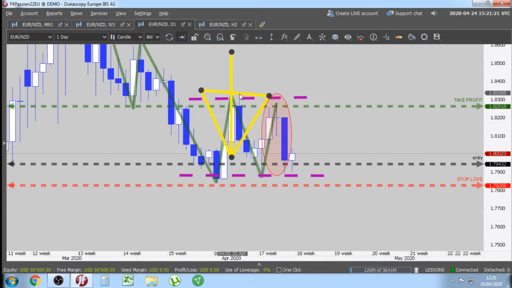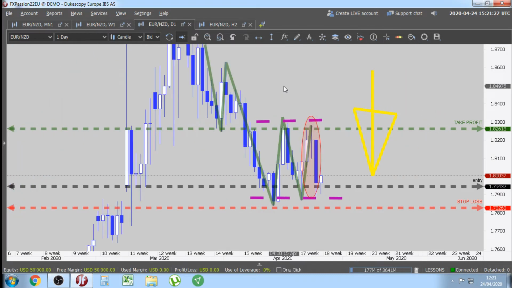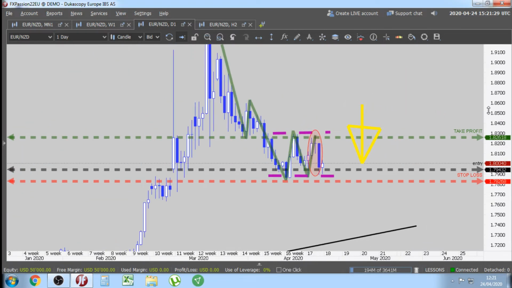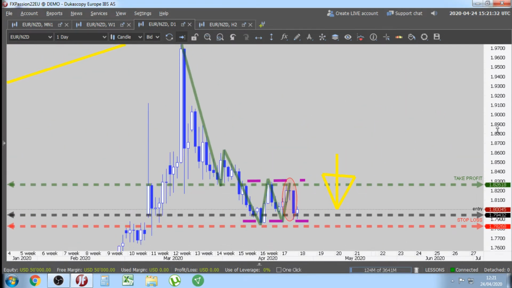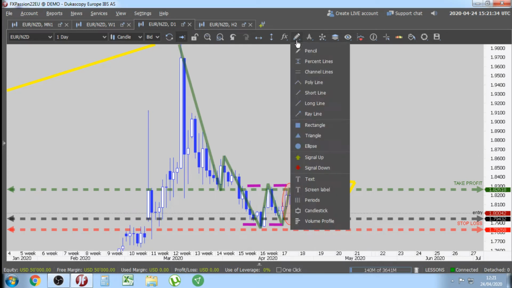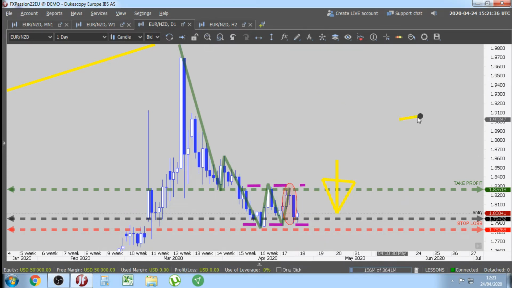Well, you have a double bottom, the market is making higher highs, higher lows on the monthly and weekly, right? But from the daily chart, we are still retracing. So the market didn't make, on the daily chart, a higher high. It made a higher low on the sideways movement, but it's missing a higher high.